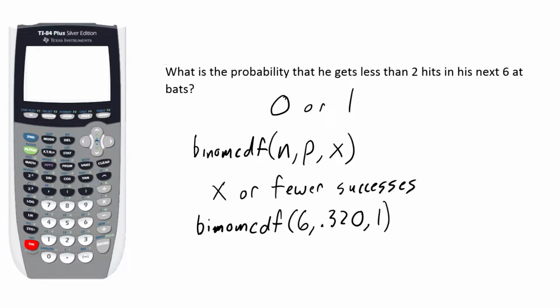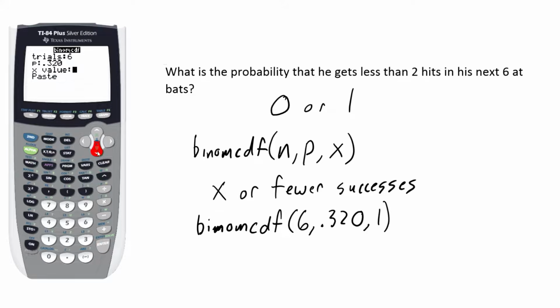So we can calculate this in our graphing calculator. And this function is in the same place as our binomial PDF function. So on our calculator, we'll go to second and then distributions. And then we want to go to the binomial CDF function. And so our number of trials here is 6. Our probability of success is 0.320.